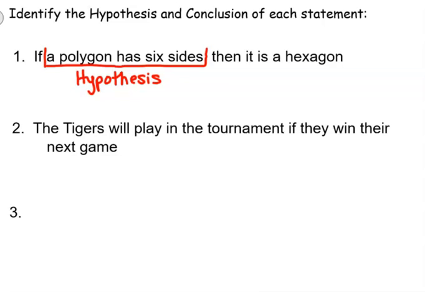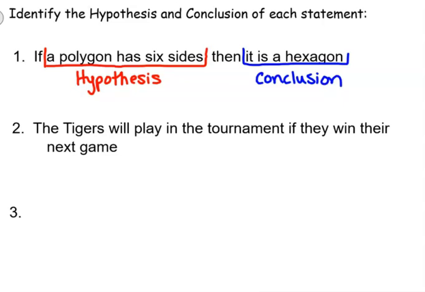For my conclusion, I'm going to skip the word then, and I'm going to take basically the rest of the sentence. So notice again, if and then are not included.